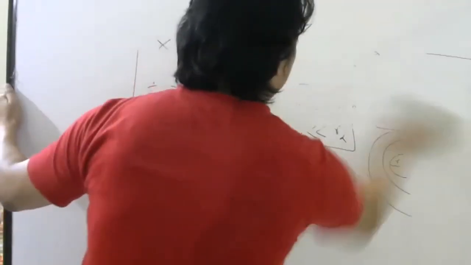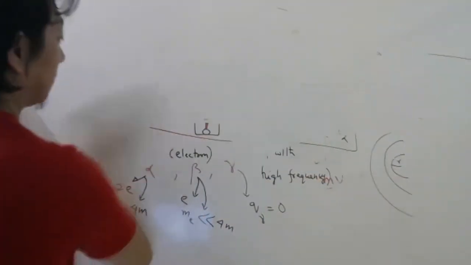Simple it is. Question number 5: two charged particles traverse identical helical path in a completely opposite sense.